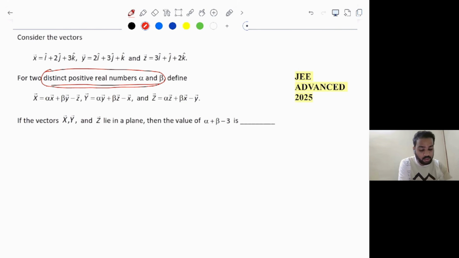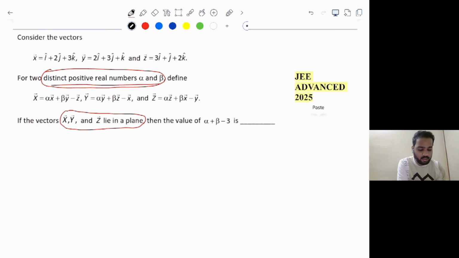Alpha comma beta distinct positive real numbers, and then define capital X bar, capital Y bar, capital Z bar. So clearly you can notice that these capital X, capital Y, capital Z bar are represented in terms of linear combination of small x, small y, small z. And finally, what they are saying is the vectors capital X, capital Y, capital Z are lying in a plane.